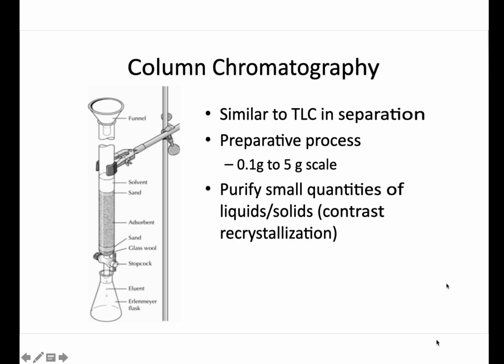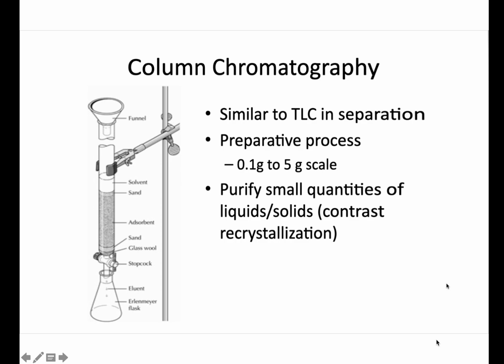So this is the column chromatography setup. What we need is a long, thick column, which must have a tap at the bottom to control the flow rate. Then we have to put some glass wool or cotton, then a little bit of sand. Why the cotton and sand?